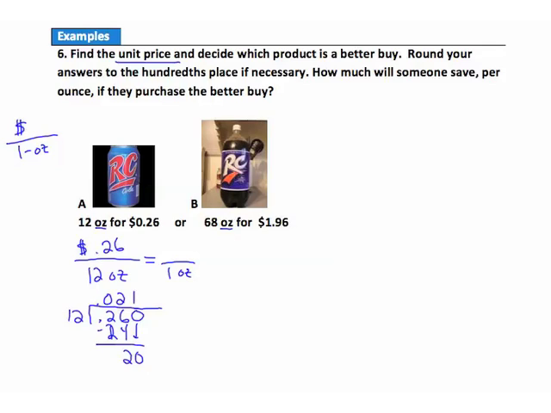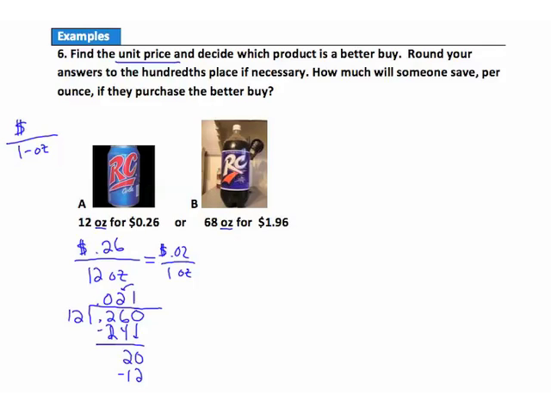And so we have a 1 up here. 1 times 12 is 12. We can stop with our division now because we've got a digit in the thousandths place. So we can round that to the hundredths place. That 1 would tell us to keep that 2 the same. So it looks like for this first product here, that product is 2 cents per 1 ounce.